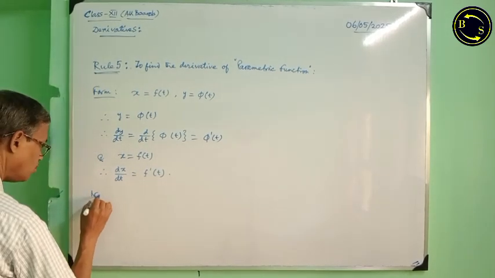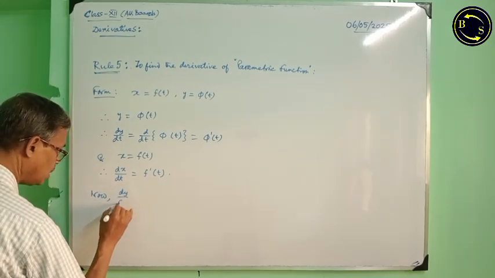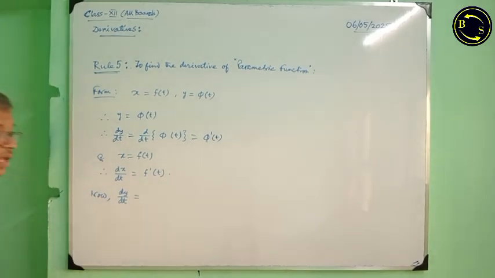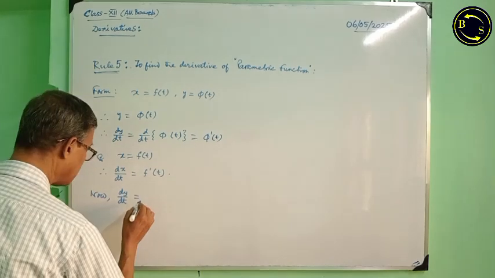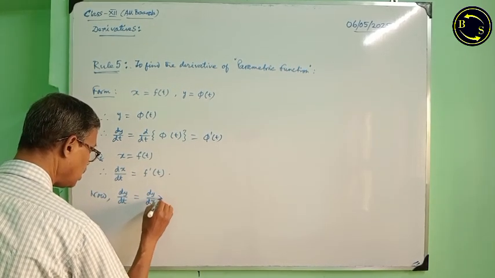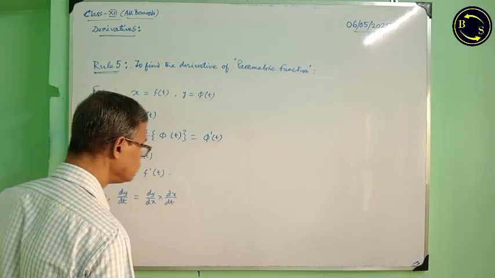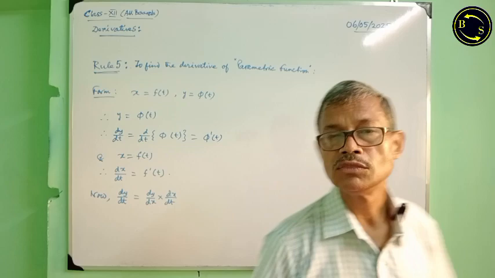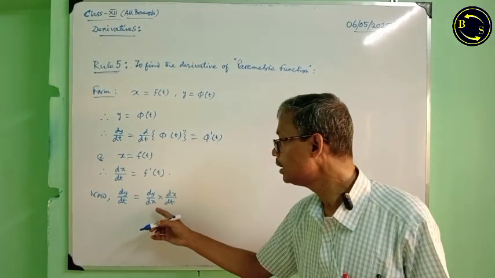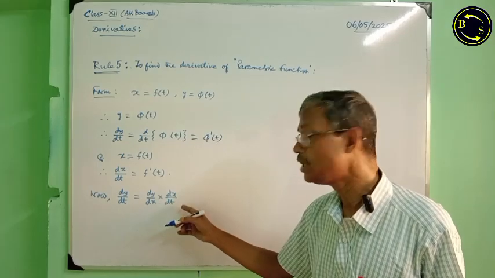Now, dy/dt can be written as chain rule, dy/dx into dx/dt.